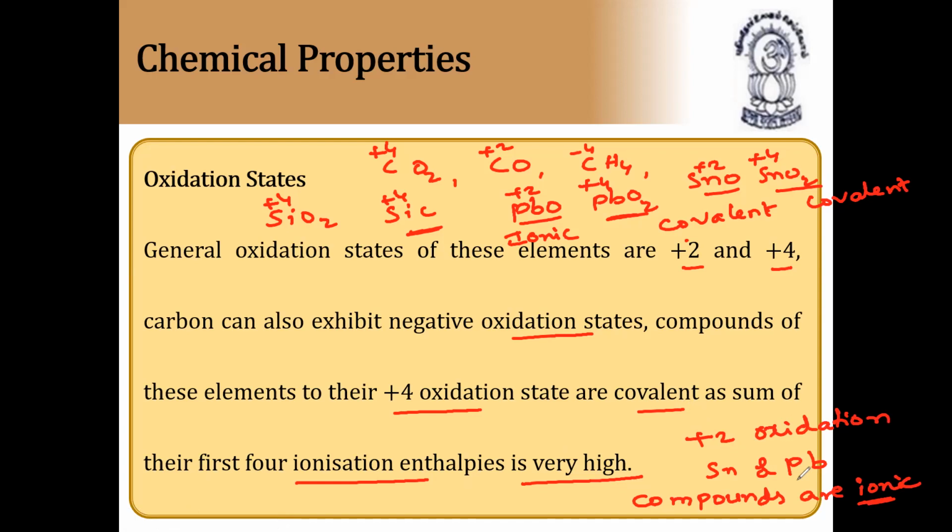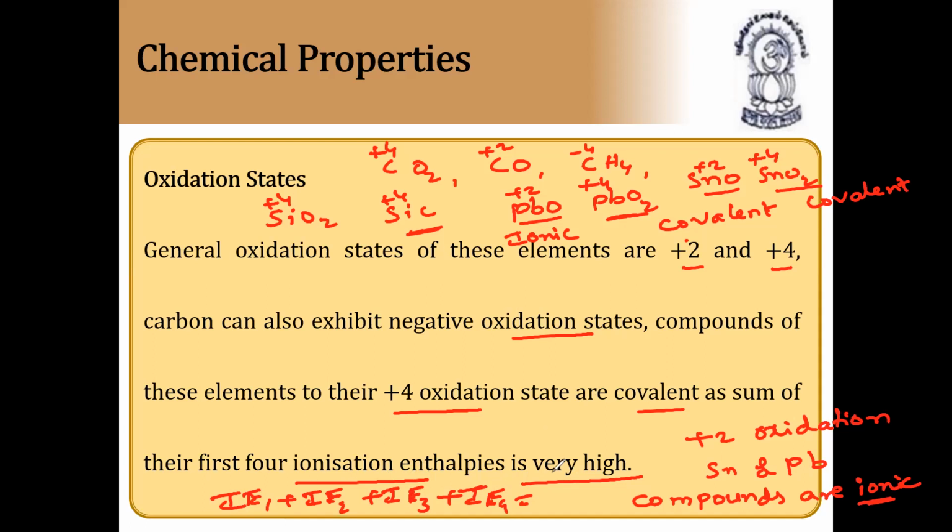So oxidation states and chemical reactivity. The sum of the total first four ionization enthalpies, that is IE1 plus IE2 plus IE3 plus IE4, is very high. So that's why the sum of the first four ionization enthalpies is more.